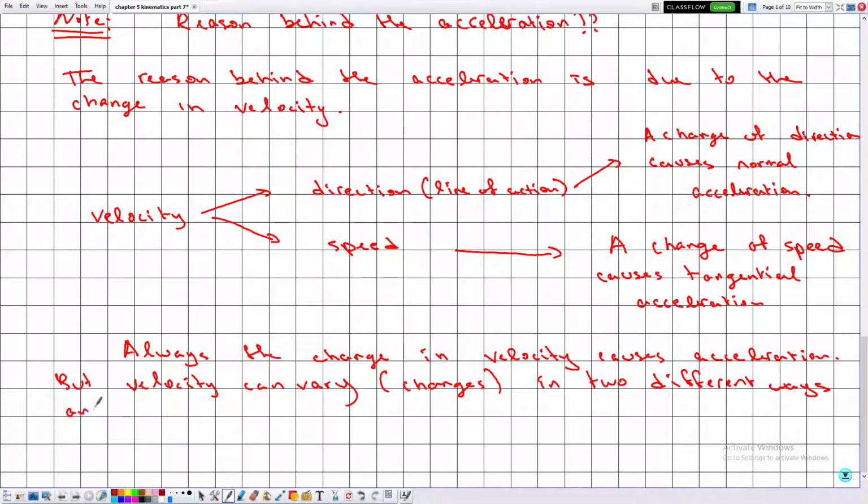And this is due to the fact that velocity is a vector quantity. Okay.